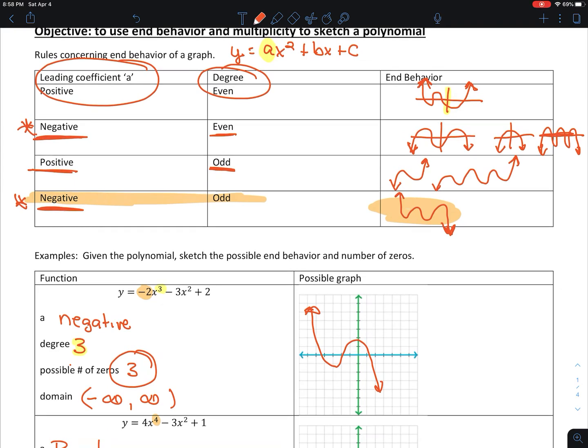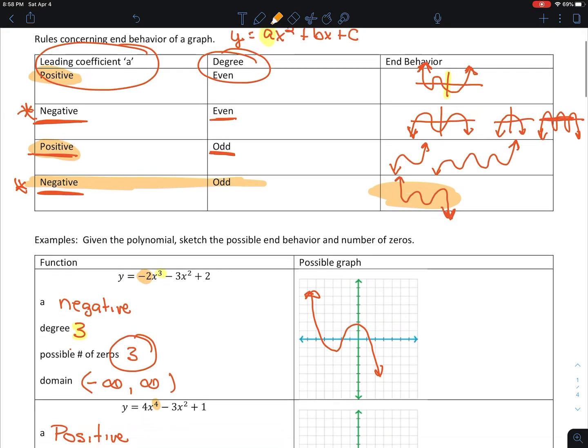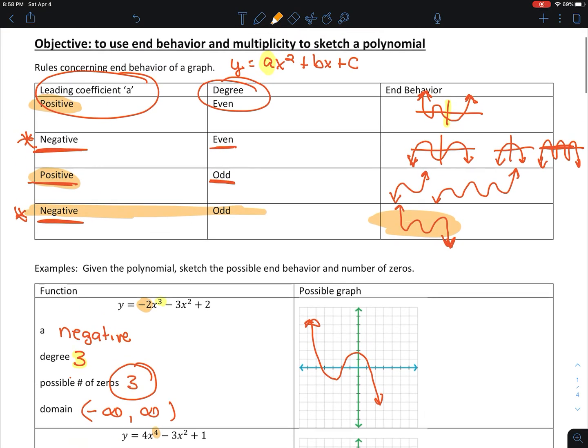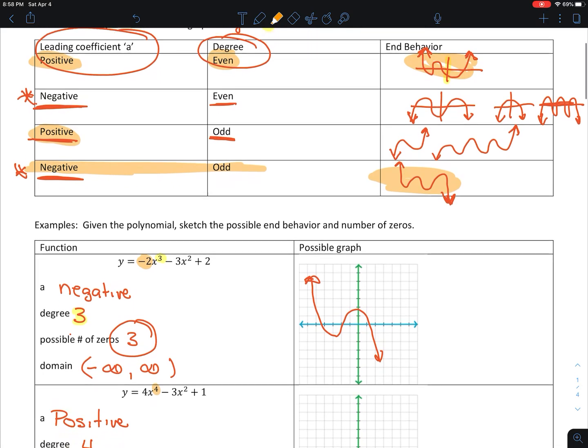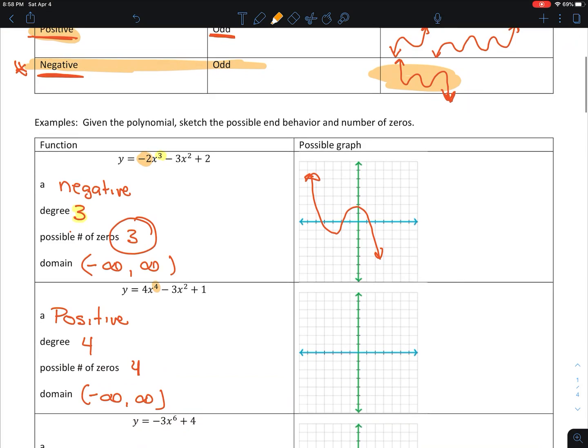So let's go back up to our chart and see which one we're going to try. We have a is positive, so we're looking at either this one or this one. And our degree is 4, so our degree is even. So our polynomial is going to look like that. Both ends are going to go up toward the heavens.